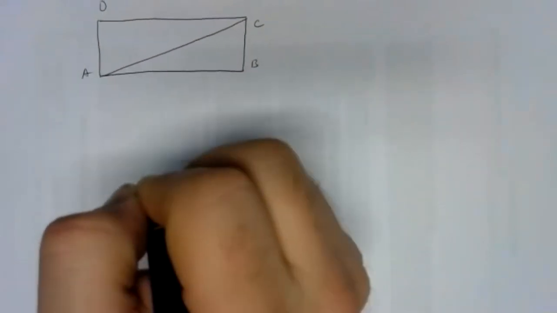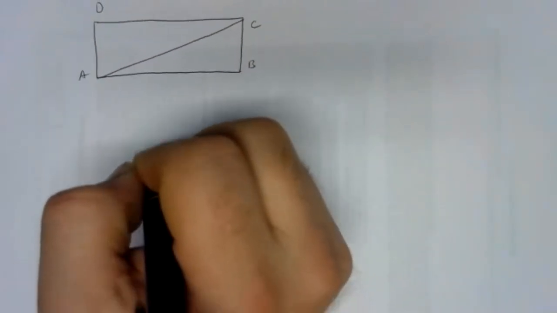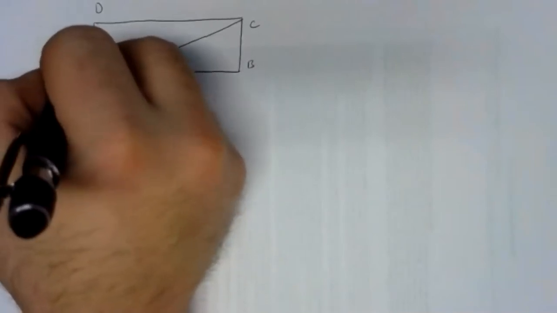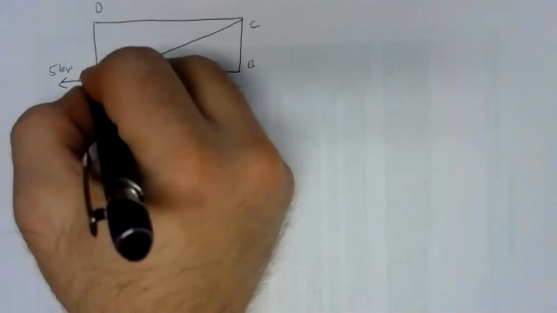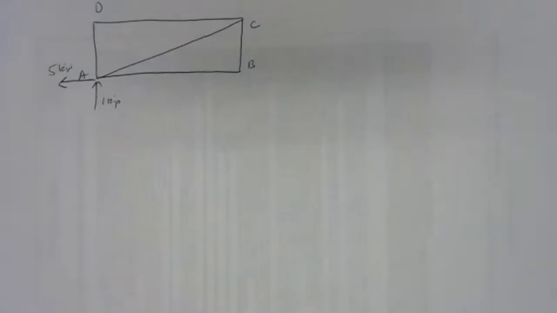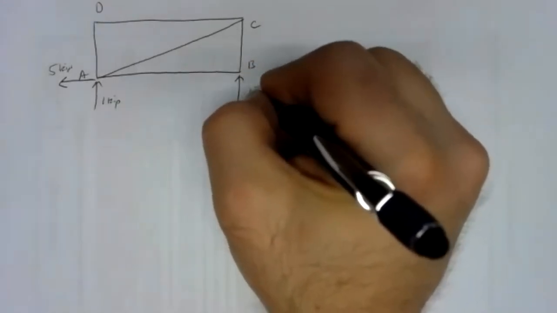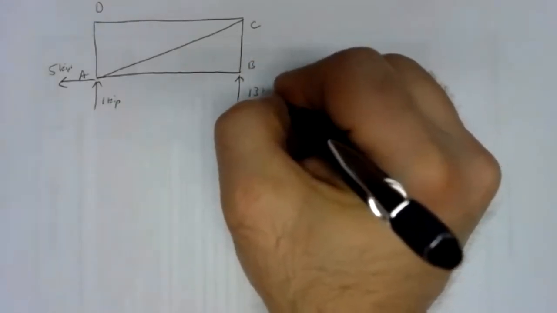At A, we've now figured out exactly what's going on. We have 5 kips pulling to the left, and we have 1 kip up. So rather than drawing the little triangle there, I'm going to draw in the forces that we are supplying from that support. And then we've got 13 kips over here.